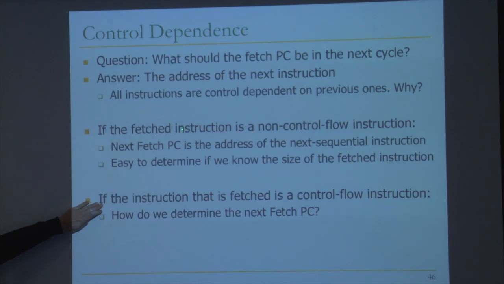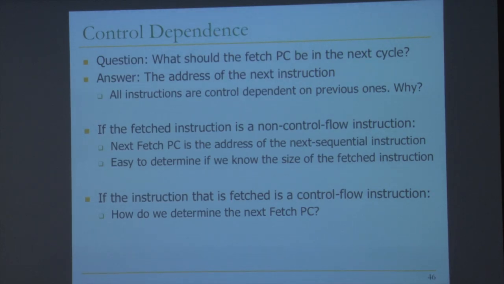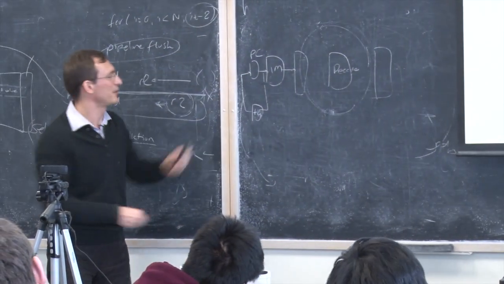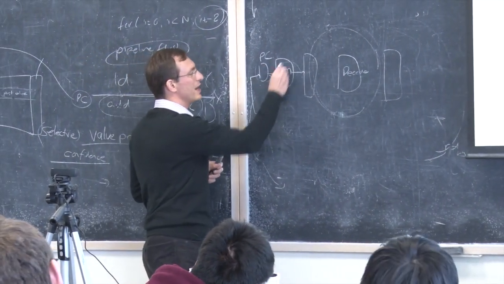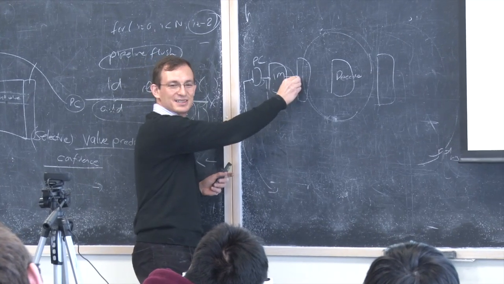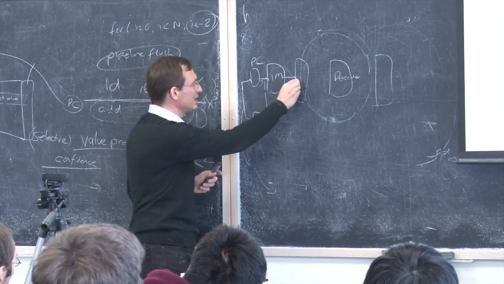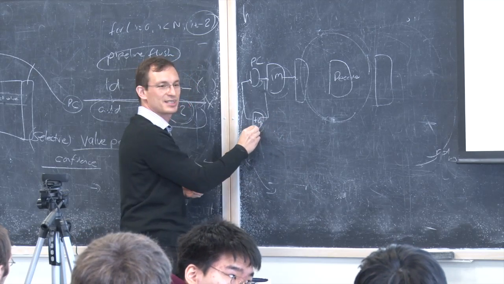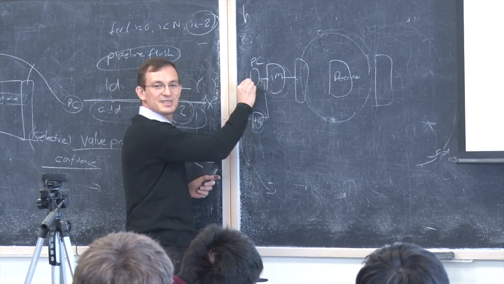How do you know whether the instruction that you fetched is a control flow or a non-control flow instruction? And the answer is, at this point, you don't. You're fetching some instruction at some PC, and you have no idea what it is, because you haven't fetched it yet. But you do need to know whether it's a branch or whether it's a non-control flow instruction to determine the PC appropriately.